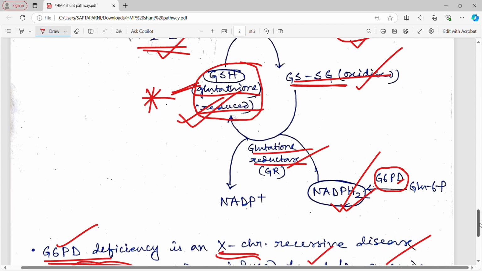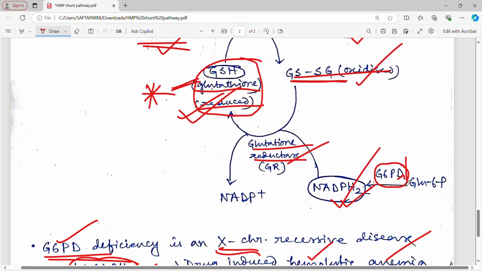G6PD deficient, their G6PD level is very low. As a result, their NADPH2 level is also very low, and if your NADPH2 level is very low, obviously the level of reduced glutathione will also get lower, because the oxidized glutathione will not get converted into the reduced one.